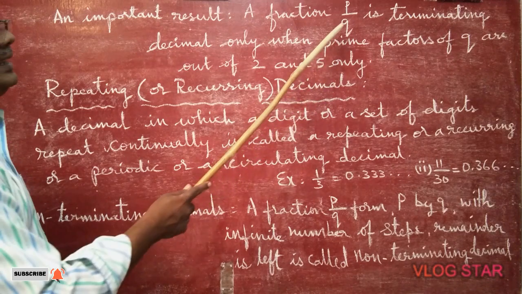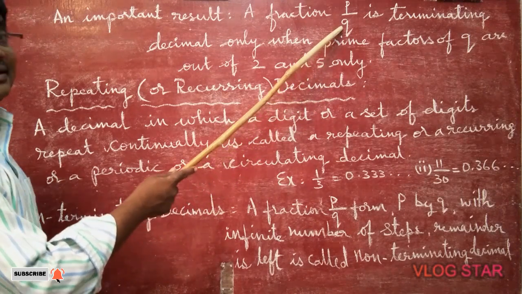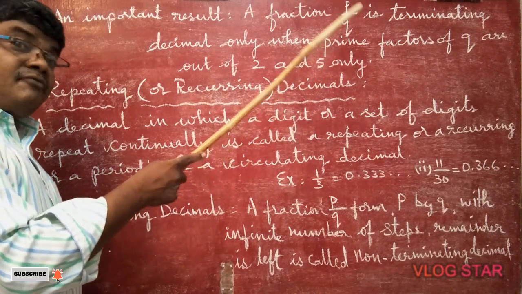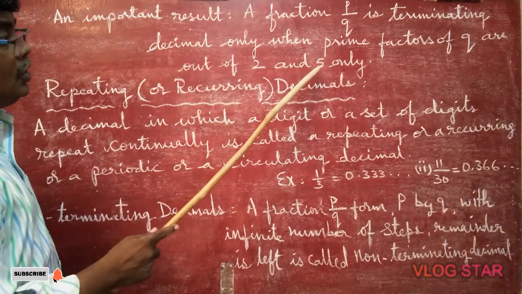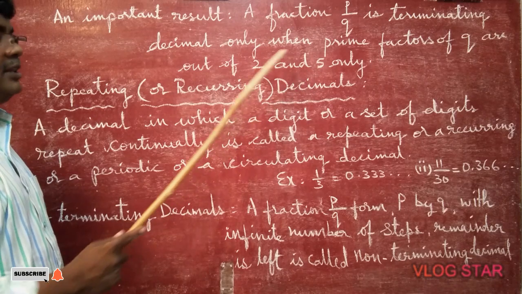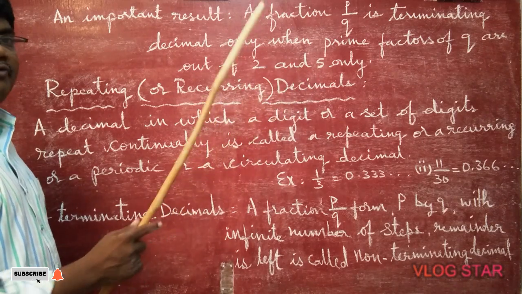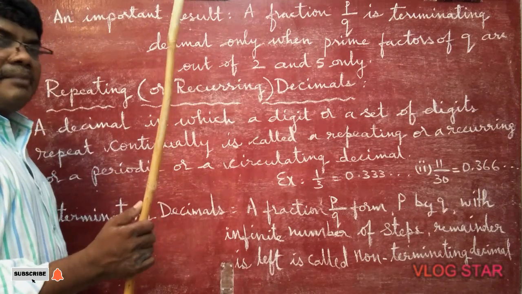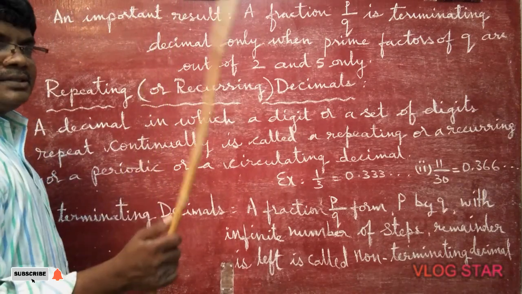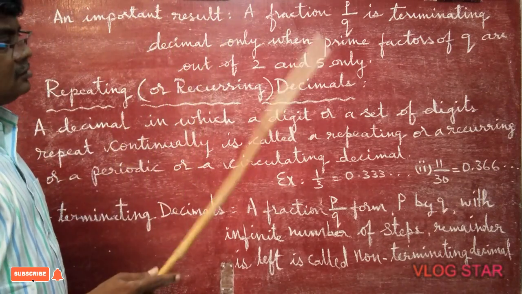So which one? Denominator. Find prime factors for the denominator. Then in those prime factors only 2 and 5 should come: either 2 or 5 or both 2 and 5. But other than these two, there are still some prime numbers: 3, 7, 11, and so on.